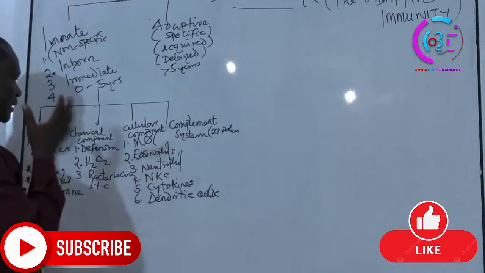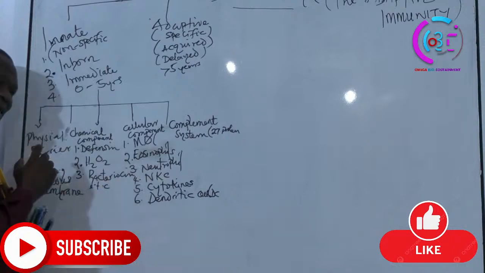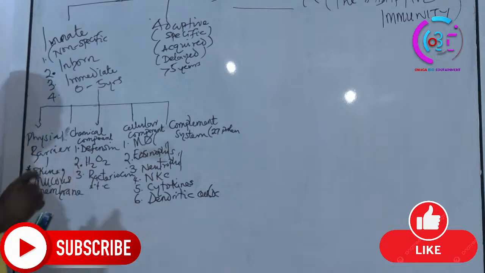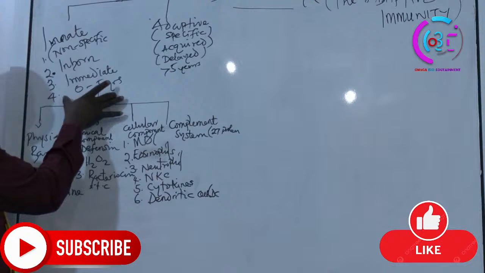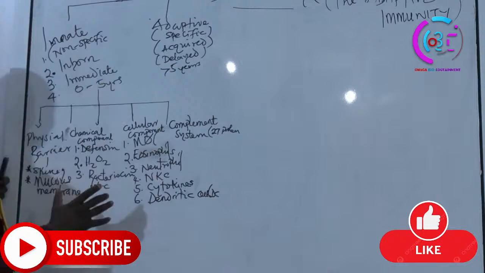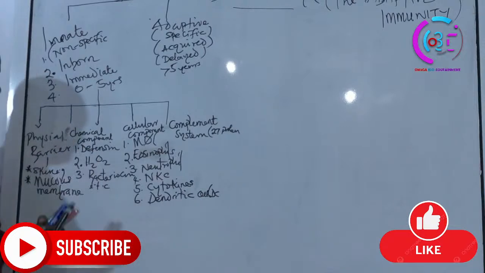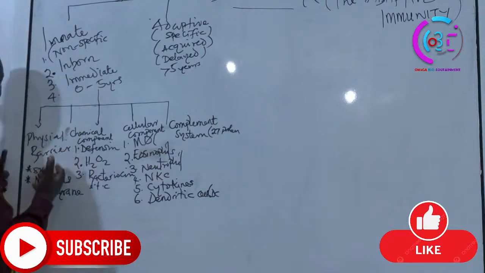If there is an antigenic challenge that involves the innate immune system, any of these can be recruited. It could be as a result of a physical barrier.